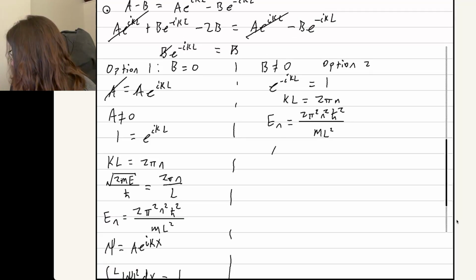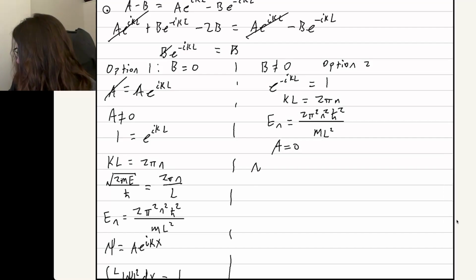So A equals 0, and we can write the wave function as psi equals B e to the minus ikx.